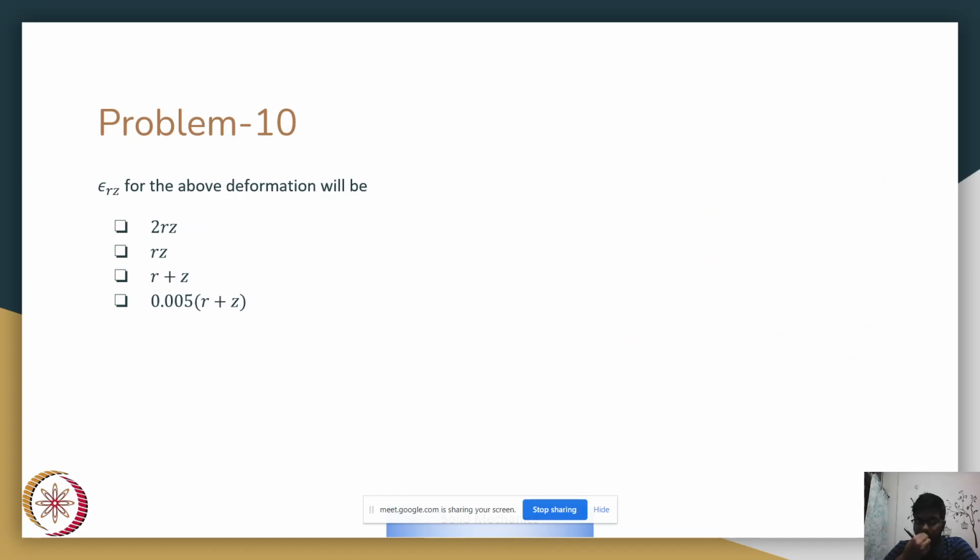The final problem for today, epsilon rz for the above deformation will be. If you remember, epsilon rz is nothing but half of dou ur by dou z plus dou uz by dou r.